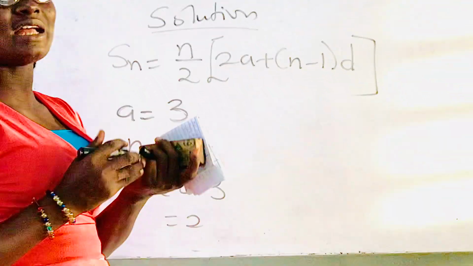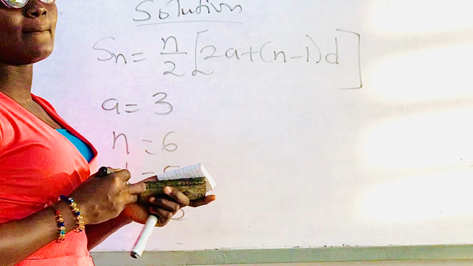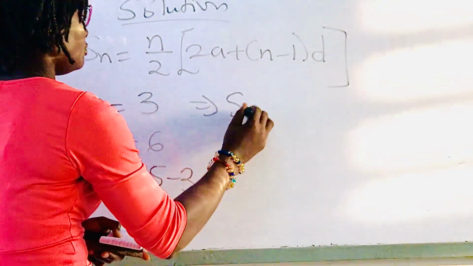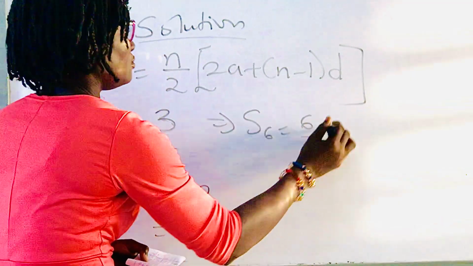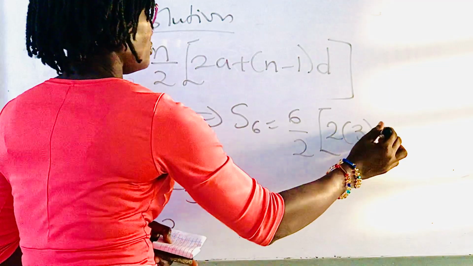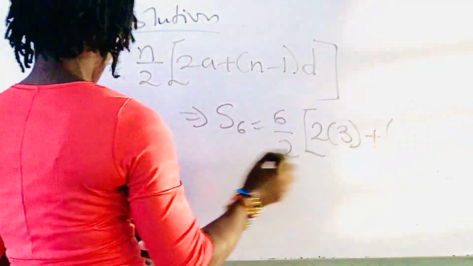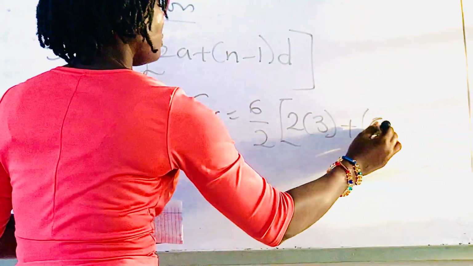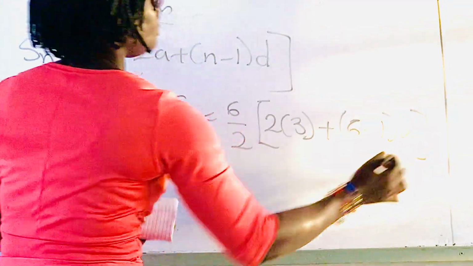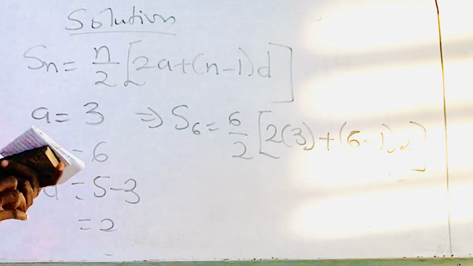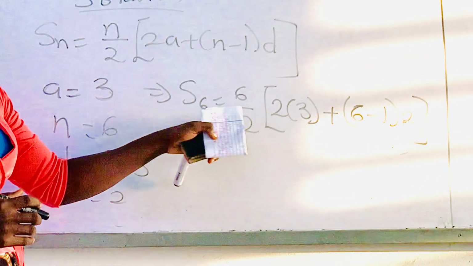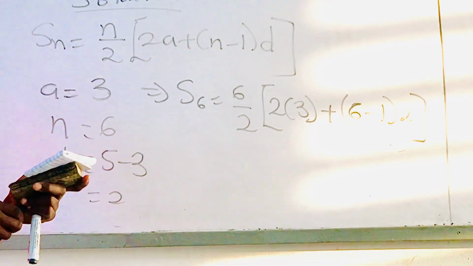Good. So after getting our parameters, we fix them into our formula. Okay. We are solving. 6 divided by 2 is 3.